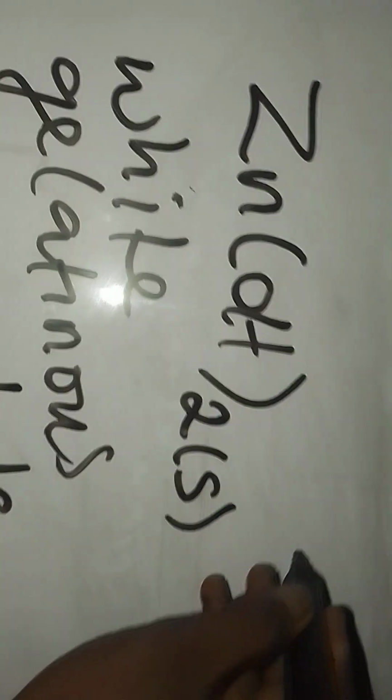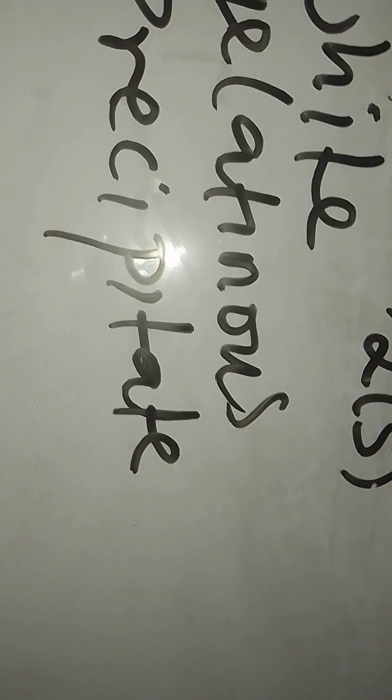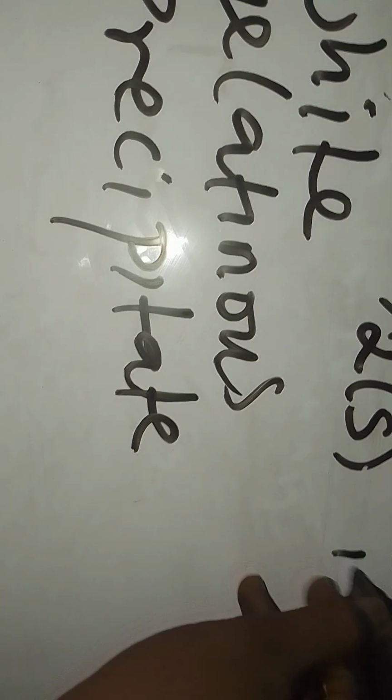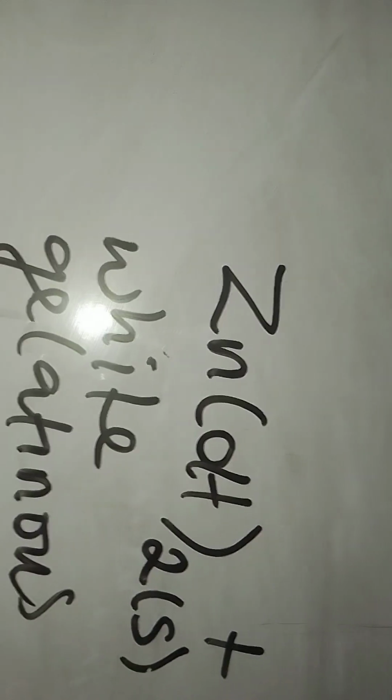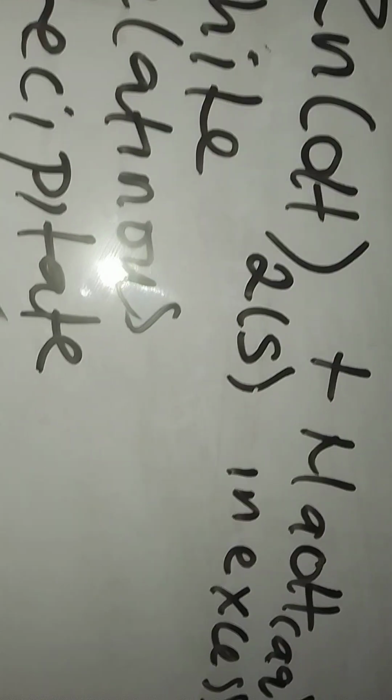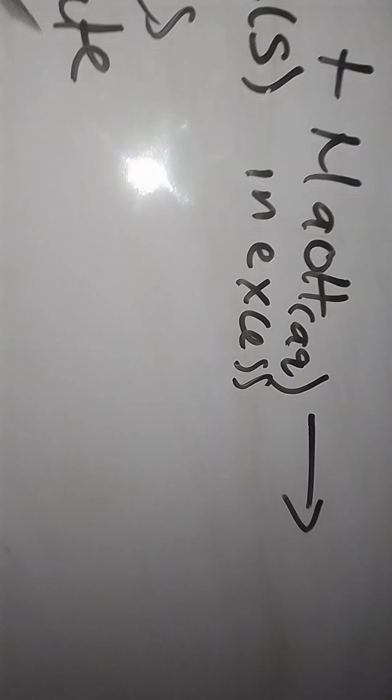You now add plus NaOH, sodium hydroxide, in excess. You are going to have a complex salt, Zn(OH)4.